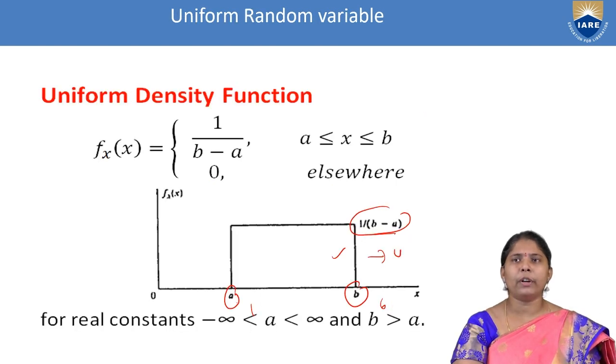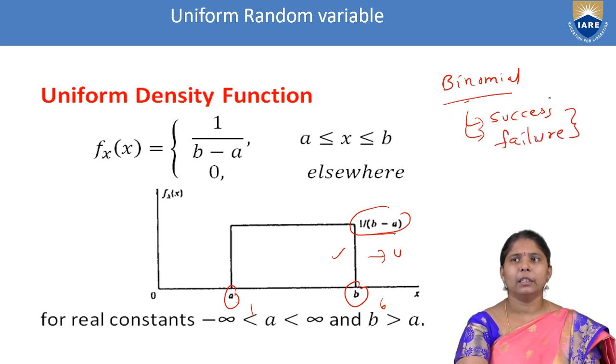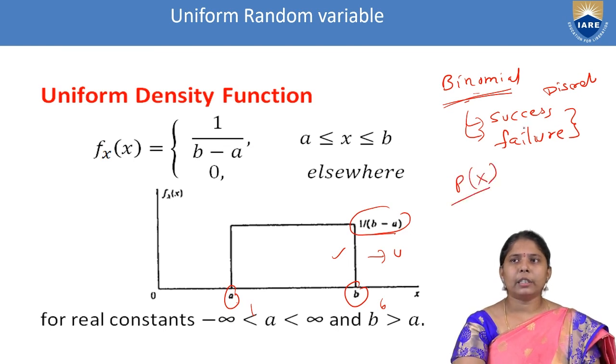And if we go for discrete random variables, an example, as we know, is the binomial random variable. An experiment has two possibilities, success and failure. When two possibilities are there, that means the outcomes are discrete, and then we use the binomial random variable in the calculation of probability. What is the probability of success and what is the probability of failure?